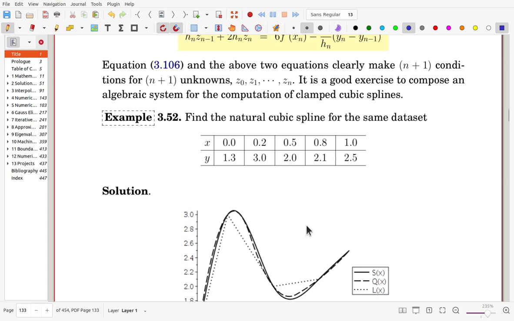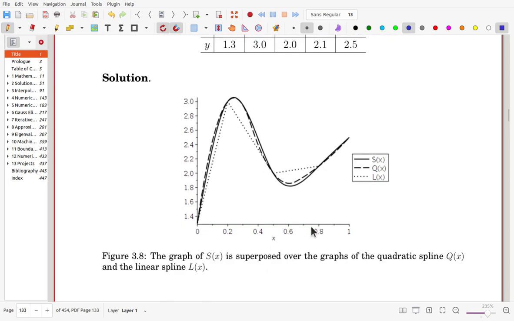Here, if you construct natural cubic spline, then you can see here the solid curve, and the dashed curve is the quadratic spline, and the dotted curve is for the linear spline. For these data points, quadratic spline seems better than cubic spline.